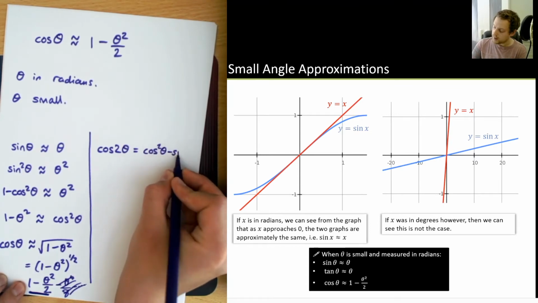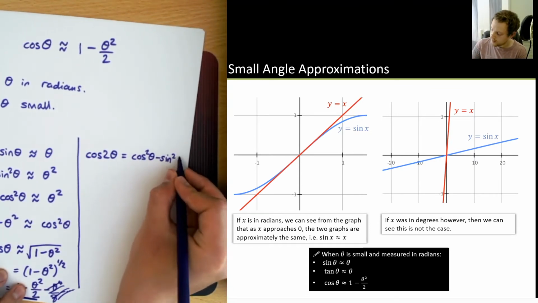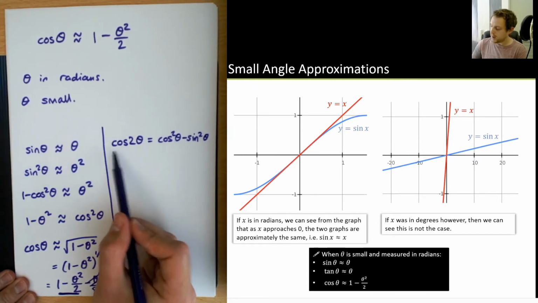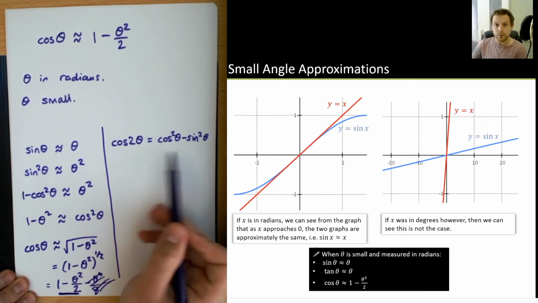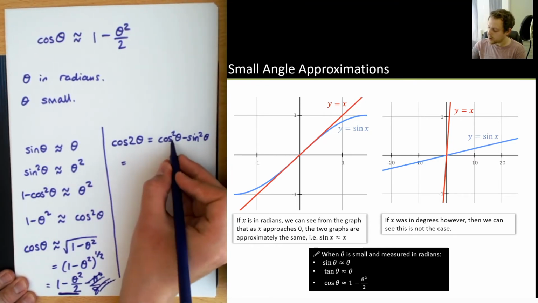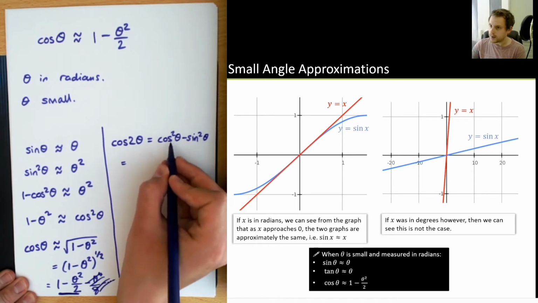So this is again another thing you'll learn about in year 13. So it turns out that this formula here is true. And so what can I do? Well, I can say that is cos squared. Well, that's the same as 1 minus sine squared.